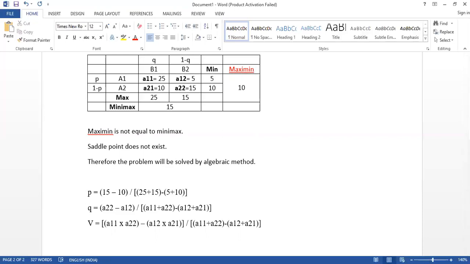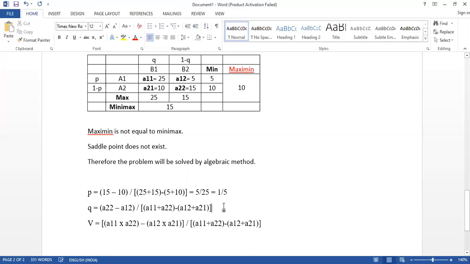Right? So what we found out, see, 15 minus 10 is 5 divided by 25 plus 15 is 40 minus 15, that means 25. So cancel out, it is 1 by 5.